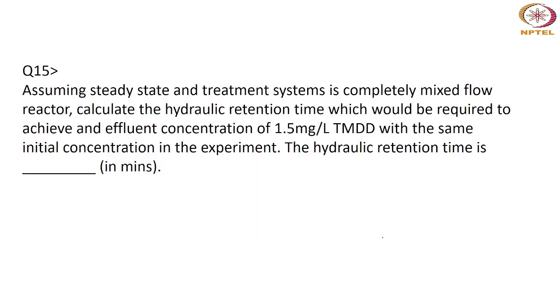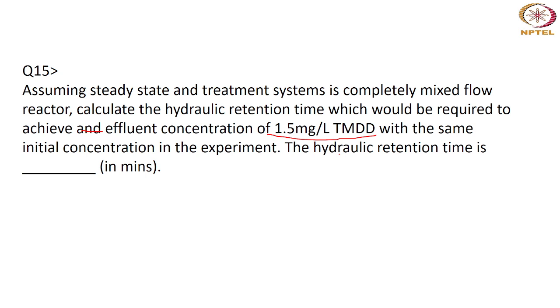So the next question is totally similar, with the same data. You can refer to the previous data. Assuming steady state and the treatment system is a completely mixed flow reactor. The last question was a plug flow reactor, now it's a mixed flow reactor. Calculate the hydraulic retention time required to achieve an effluent concentration of 1.5 mg per liter of TMDD.